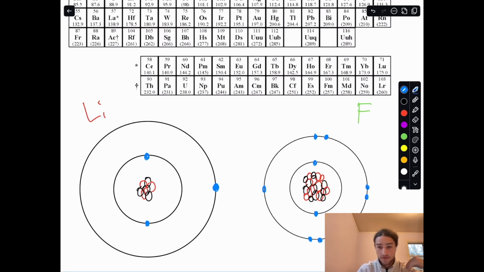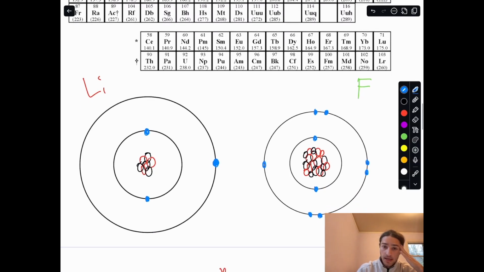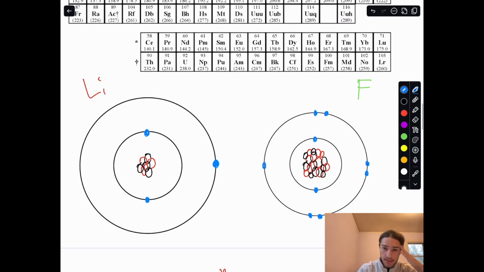And so fluorine, being the first halogen, has almost a complete outer valence shell, right? So it is missing 1 spot right here. It needs 1 more electron. And I'm going to introduce an important term here. So another way to say this is fluorine needs 1 more electron to complete its octet. So octet equals the 8.